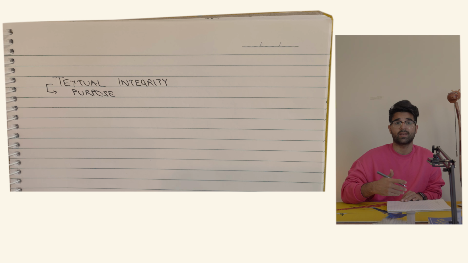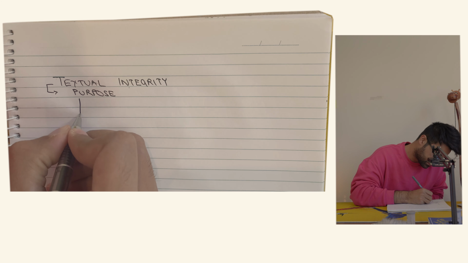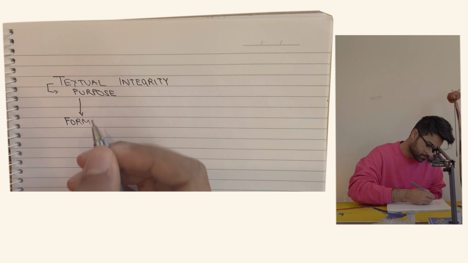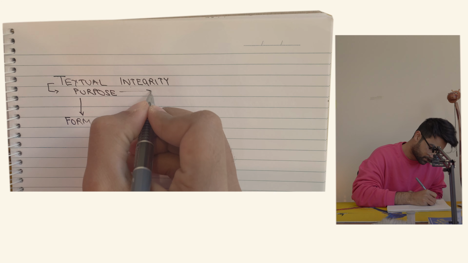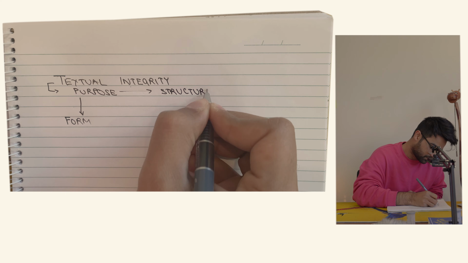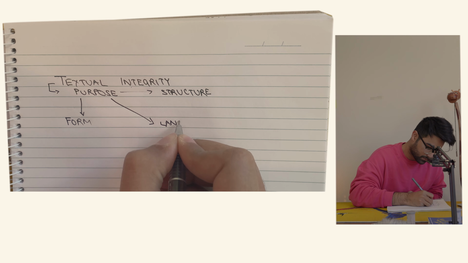And then what we look at is how did the author or composer achieve their purpose, right? So that's where we come to form, structure, and language features.